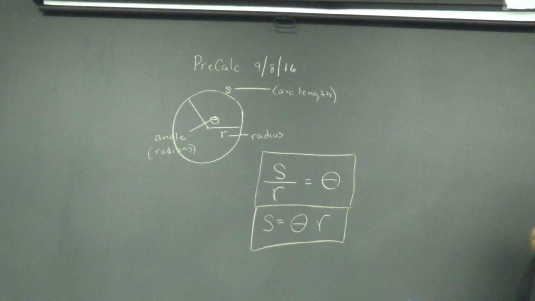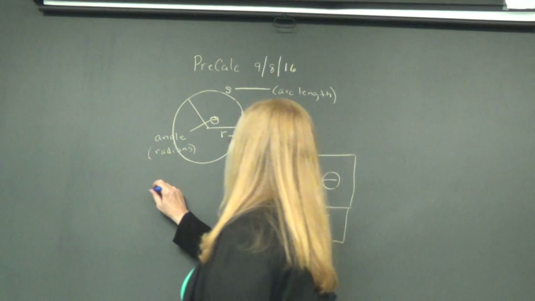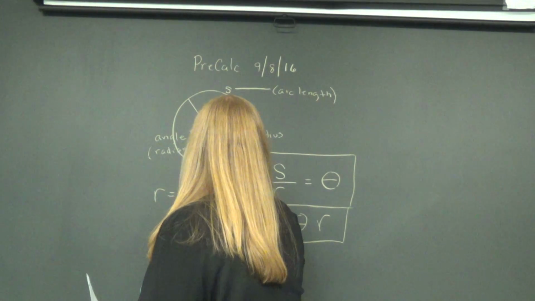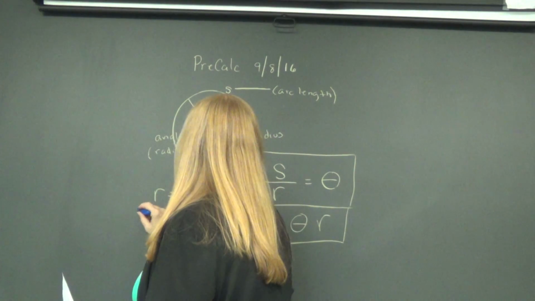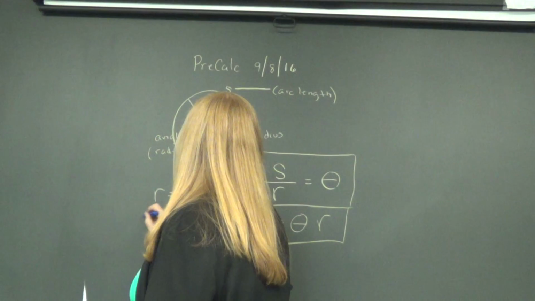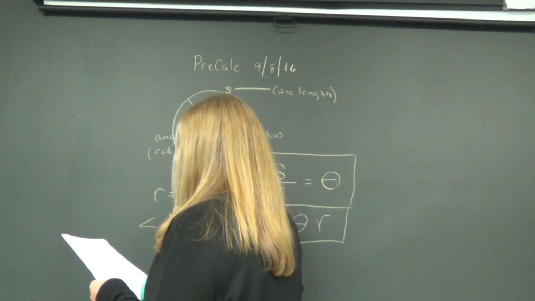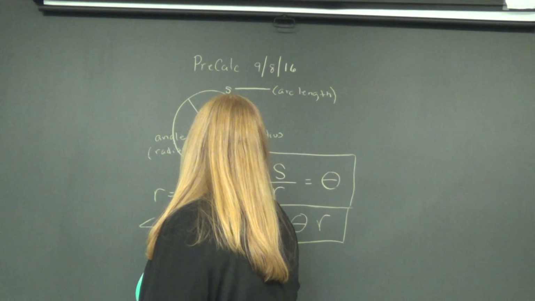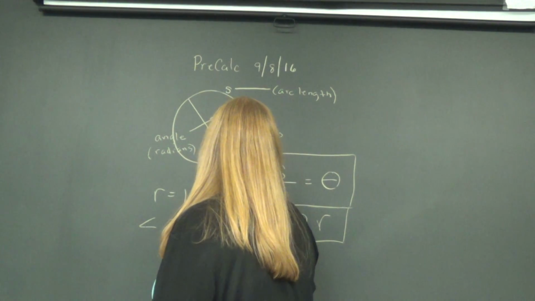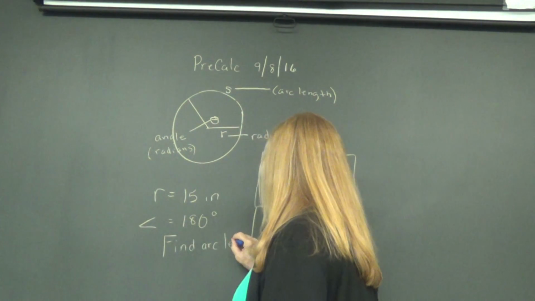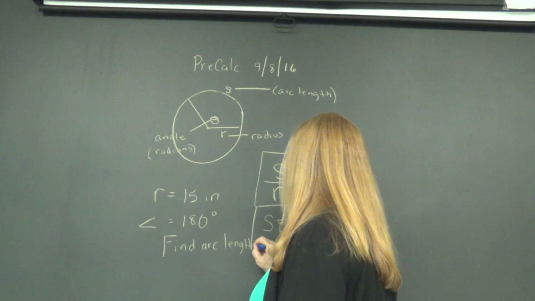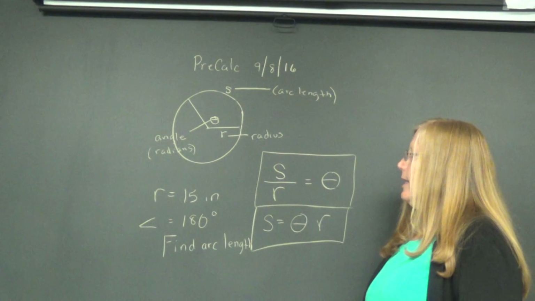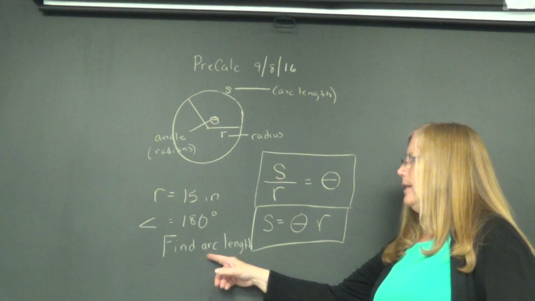Suppose I give you the radius of a circle is 15 inches and the central angle is 180 degrees, and you find the arc length. The radius is 15, the angle is 180, and I want to find the arc length.